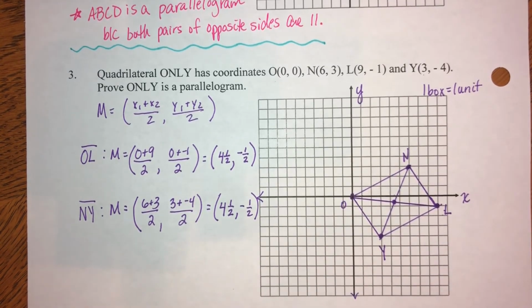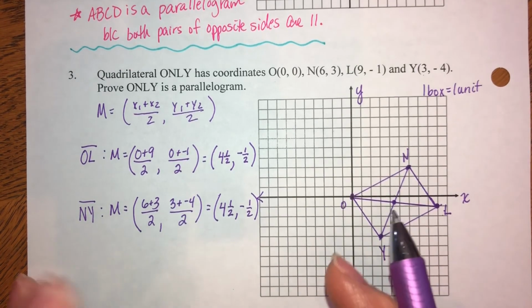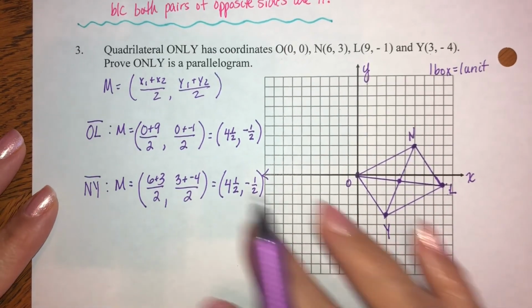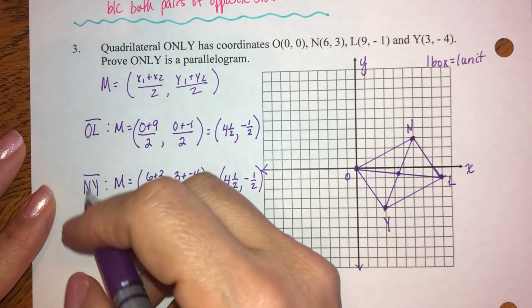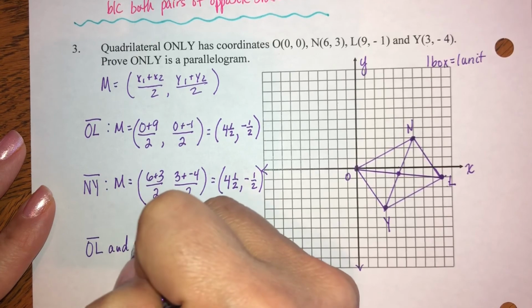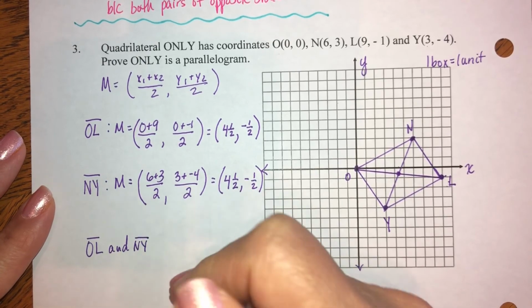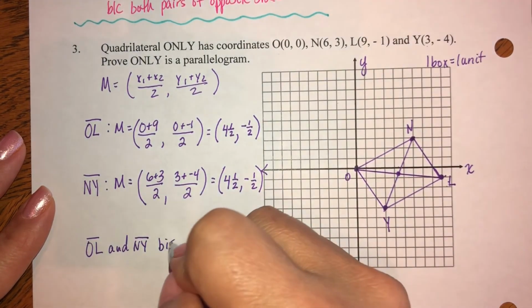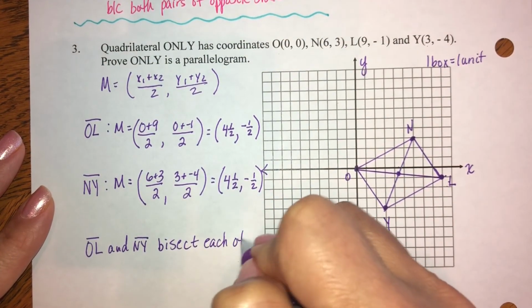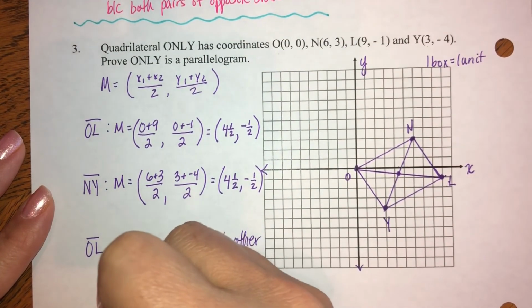So the nice thing, besides the fact that midpoint is a little bit less arithmetic, is it's also a little bit less writing. What we have to do here is declare that these have bisected each other. So we can say that OL and NY bisect each other because, how do I know this?